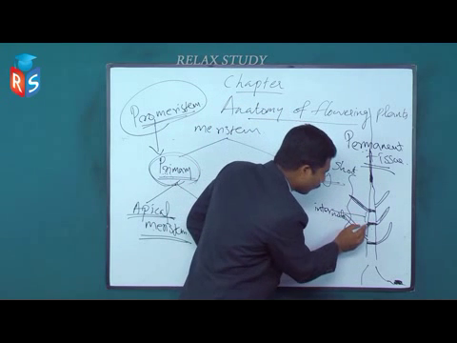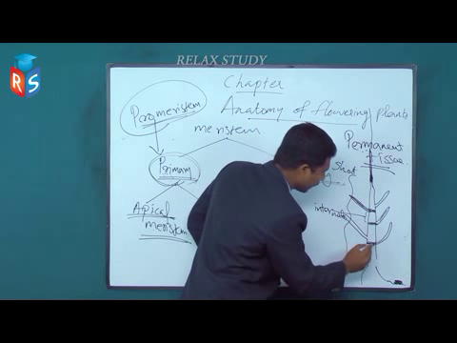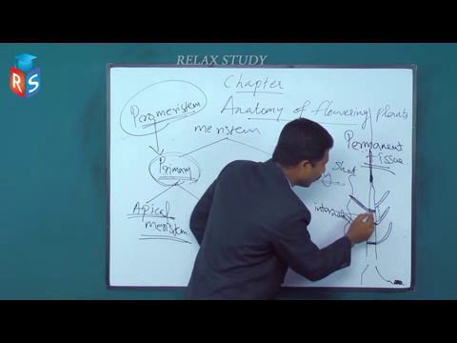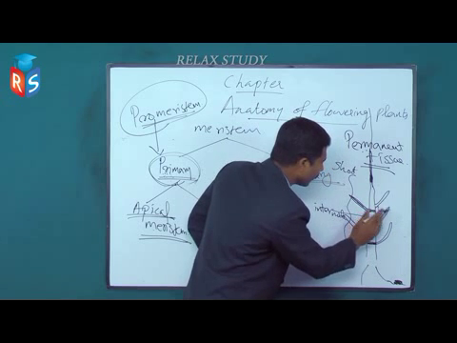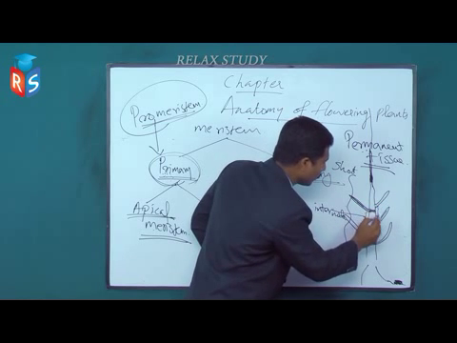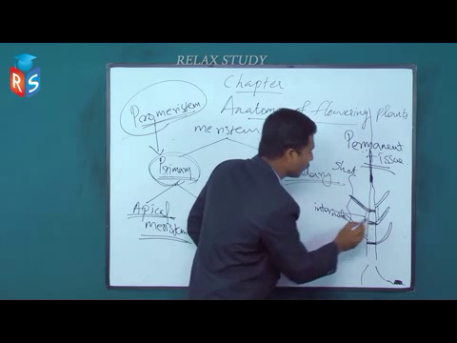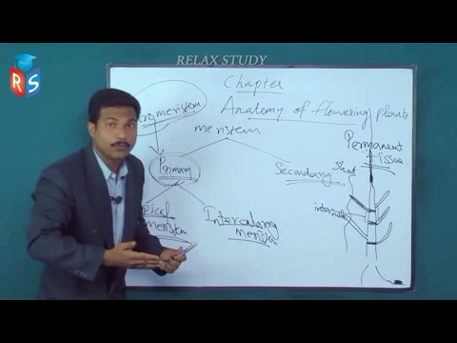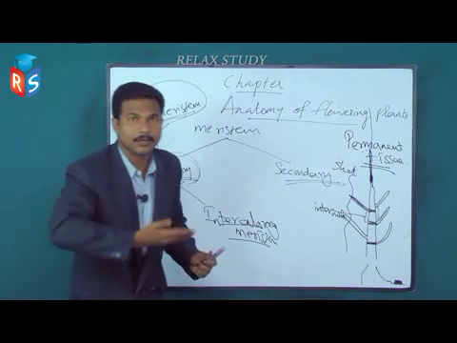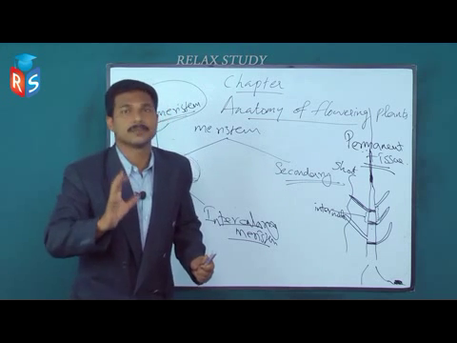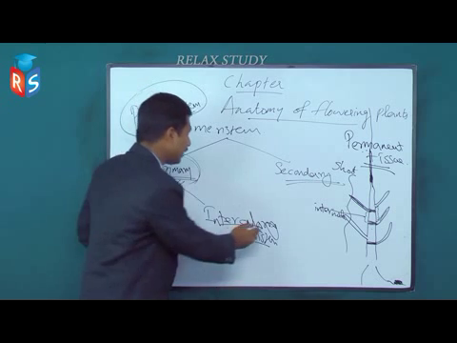So at the base of the internode, you can see, this is an internode, this is the base of the internode, and this is another internode. You have to imagine this leaf and this leaf. So this part is the internode, and this is the base of the internode. You can understand that the lower part of the internode has some meristem cells. That meristem cell is known as intercalary meristem.